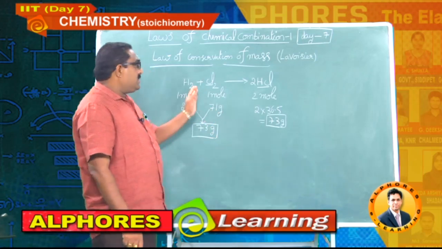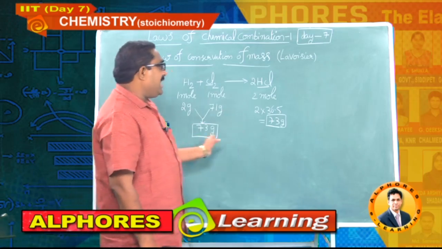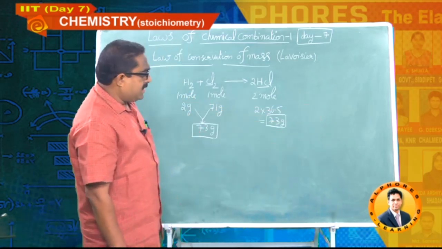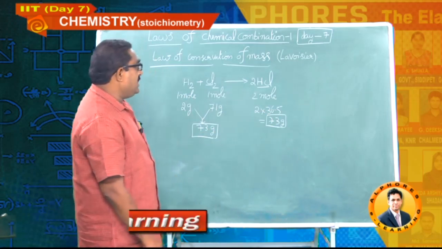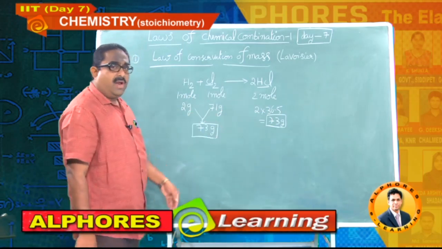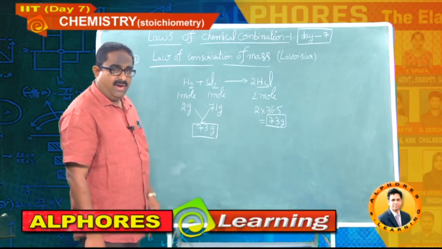Means the total mass of reactants consumed in the reaction is exactly equal to the total mass of products obtained in that completed reaction. This is the application of the law of conservation of mass to chemical equations.